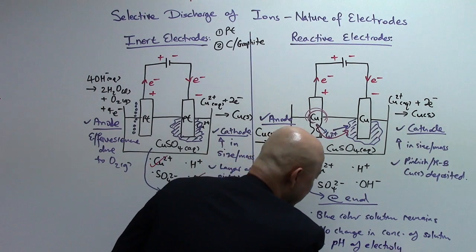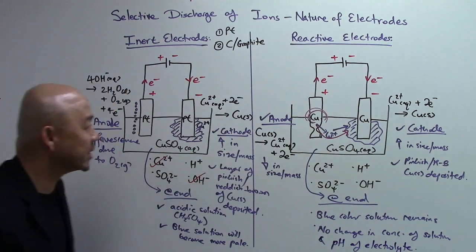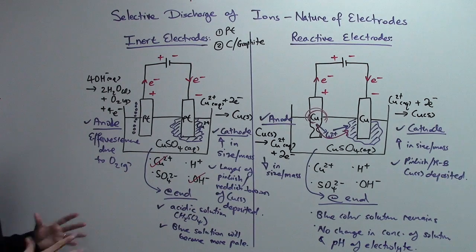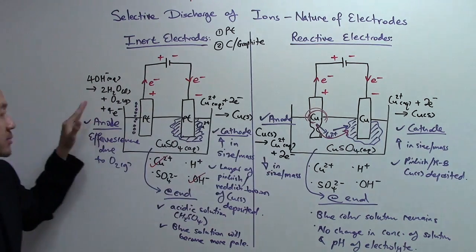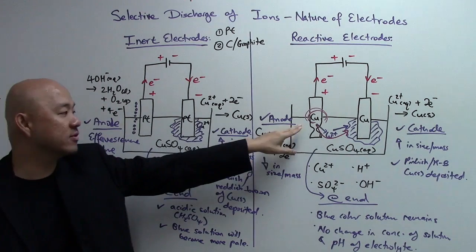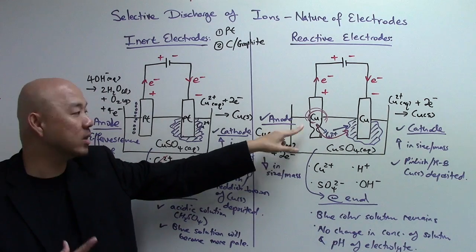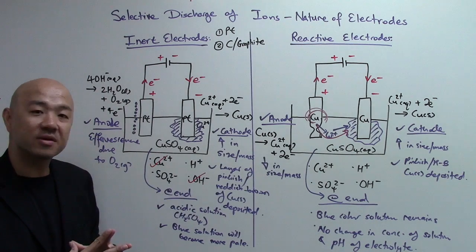Everything stays the same. Alright, so take a look once again. There's really a big difference in terms of the reaction at the anode. Okay, when you have a reactive electrode at the anode, you have to be very careful.